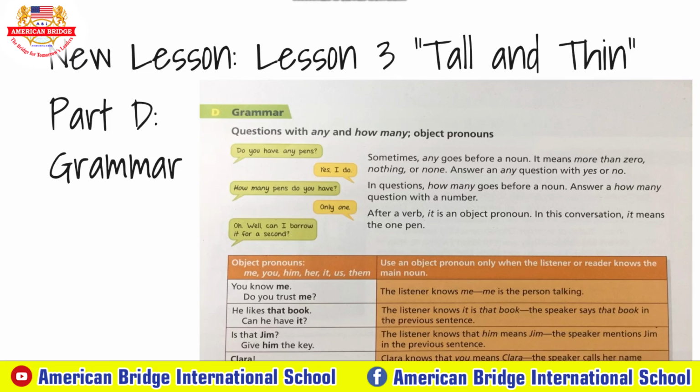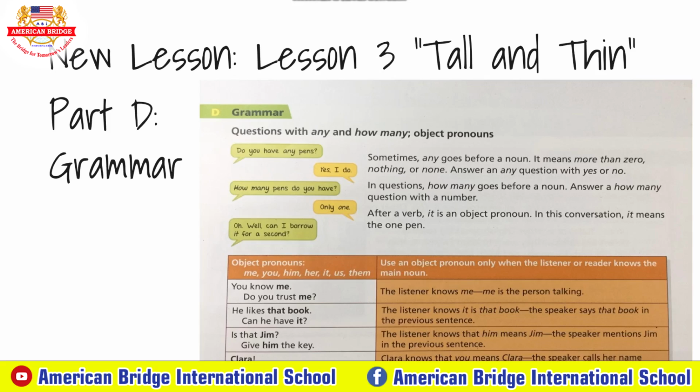Can he have it? The listener knows it is that book. The speaker says that book in the previous sentence. Next is, that Jim? Give him the key. The listener knows that him means Jim, so a person. The speaker mentioned Jim in the previous sentence.